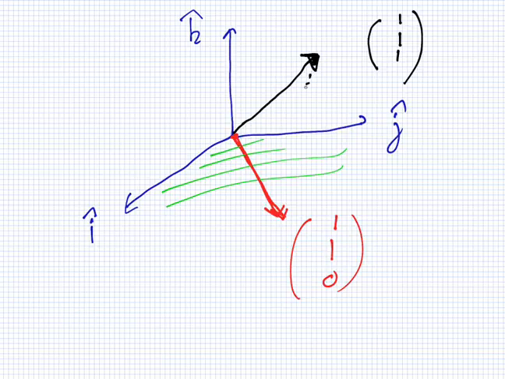So if you were to shine a light down on this vector, it would make a shadow, and in fact it's directly above the red vector, because it's 1i and then 1j and 1k. The red vector's on the ground. I left my 3D glasses at home for you, so you're going to have to use your imagination.